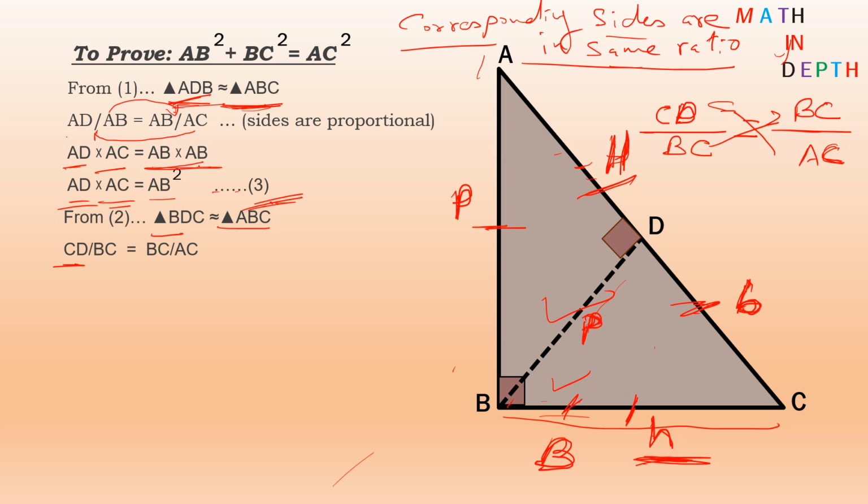So can we write it now? CD into AC is equal to BC into BC. Why? Because this BC has come here and this AC has gone there. So it becomes CD into AC is equal to BC into BC. Now BC into BC becomes BC square.